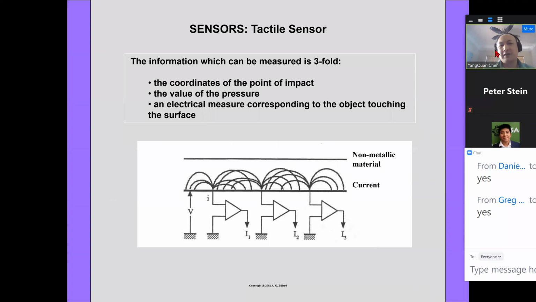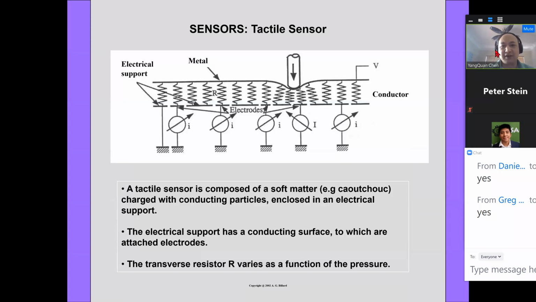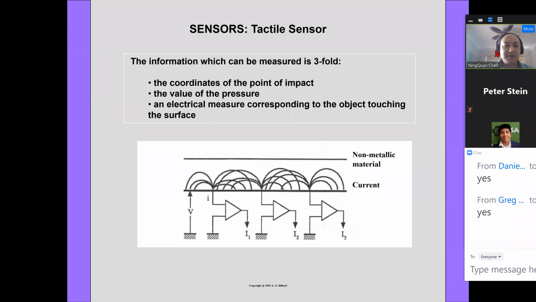So the tactile sensor is basically based on an array of conductors, capacitors, and electrodes. If you want to know more, I hope some of you will choose tactile sensor and get into the literature to see what's in the market and what the working principle is. But here I just mention this is possible today.